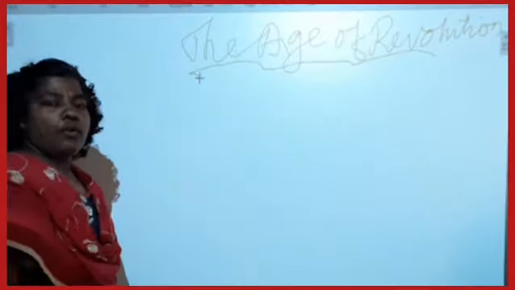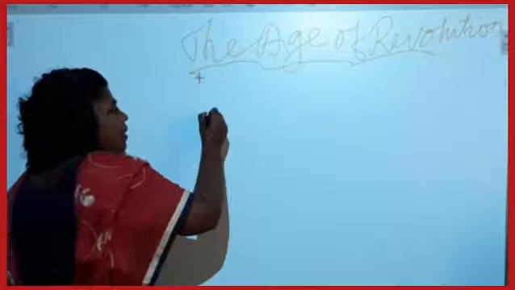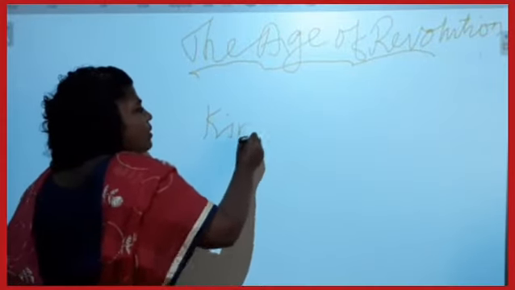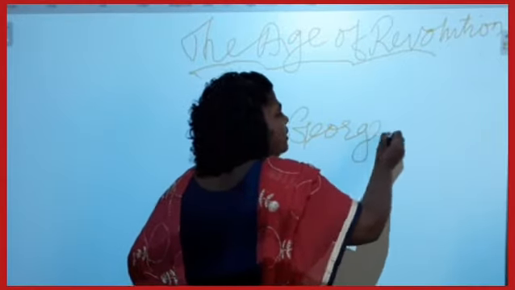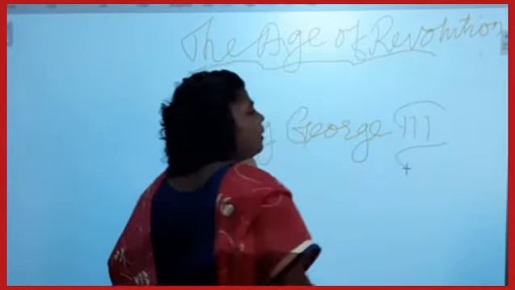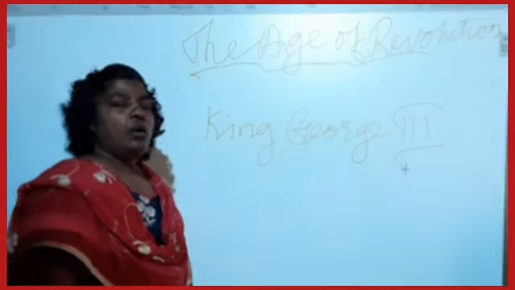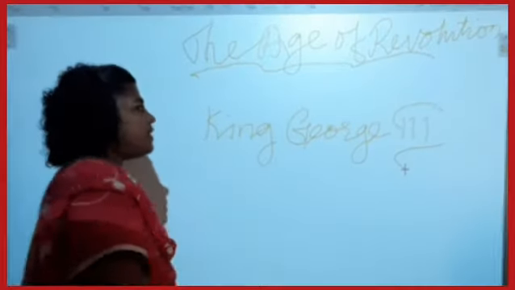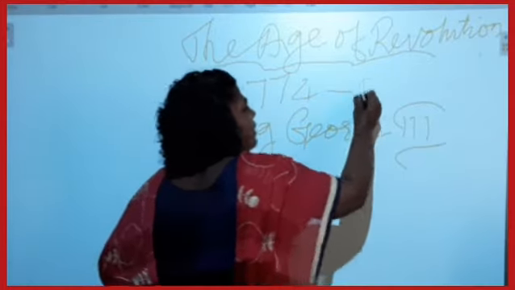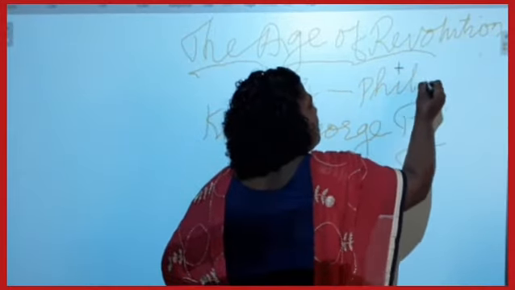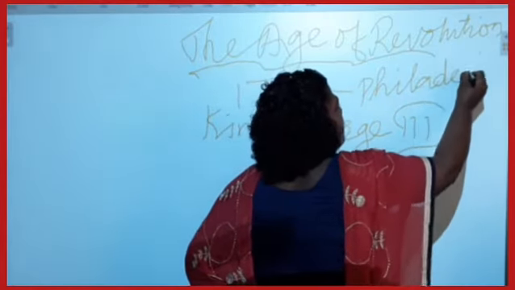What was the reason for the colonies to appeal against King George III? Because King George III was an unjust ruler who ruled in an unjust manner against the British colonies. He oppressed the colonies. That's the reason these colonies met in Philadelphia in 1774.